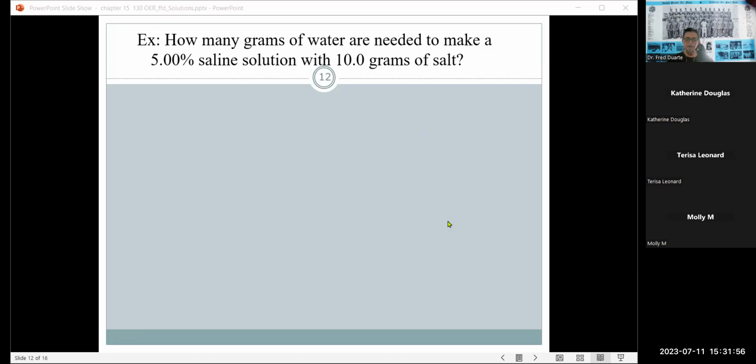And so we set the problem up like we normally would. We got the solute in the numerator and the denominator, but since we don't know how much water we need, we have an algebraic expression. We define the amount of water as X, which means we need to solve for X. Now, the problem looks complicated, but it really isn't.